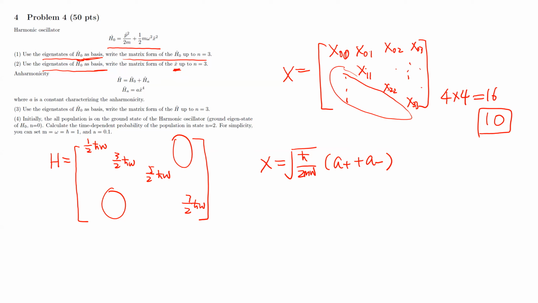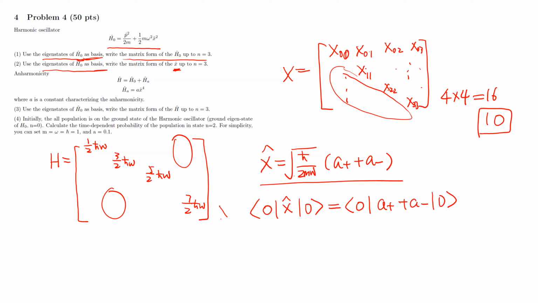So what we need to do is use these ladder operators to evaluate, for example, this element. Let's ignore the constant, since that doesn't matter so much: 0 with A plus plus A minus with 0. This is X0,0.